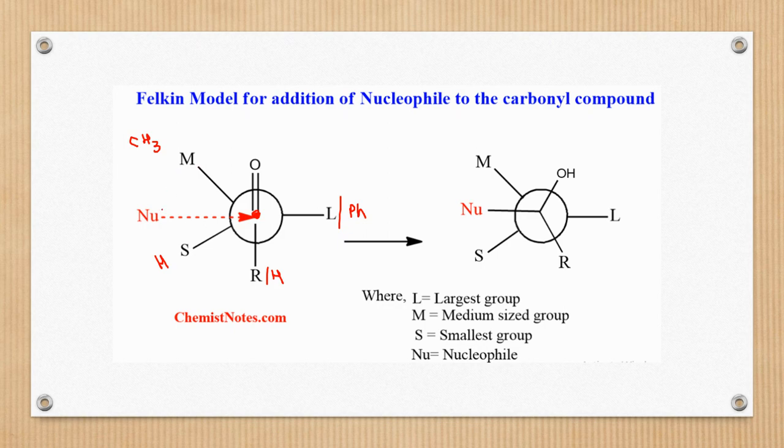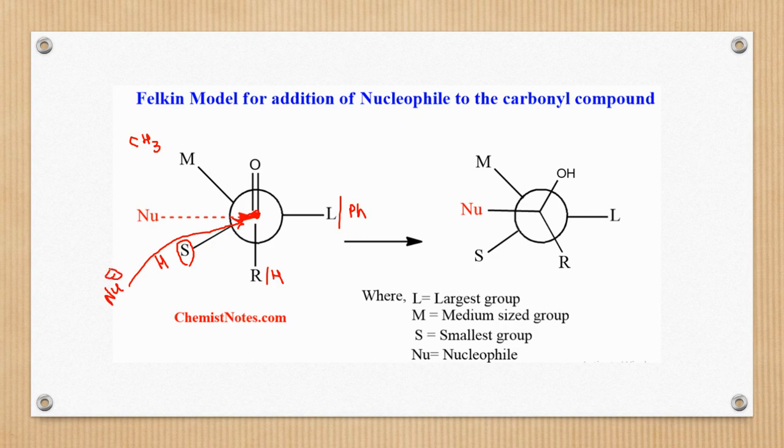If you arrange the substituents this way, you will see that the nucleophile adds to the carbonyl carbon from the side that is less hindered. The trajectory is such that the small group arrives in the pathway, so the nucleophile will not see any large group in the trajectory.